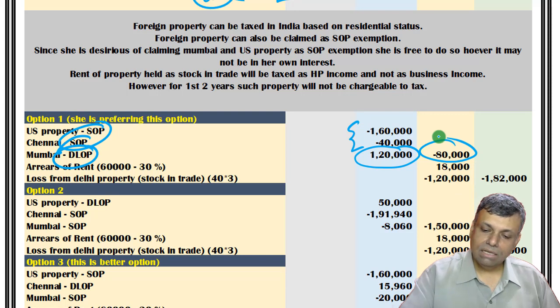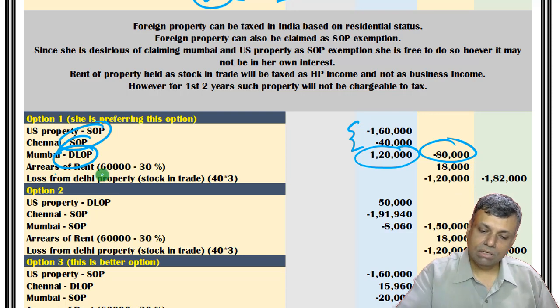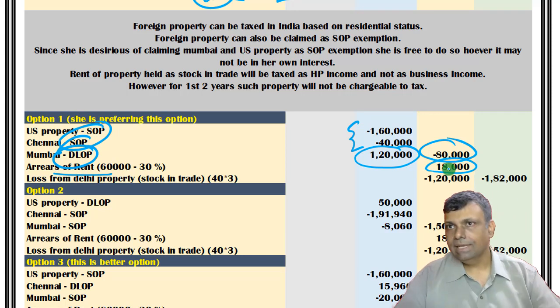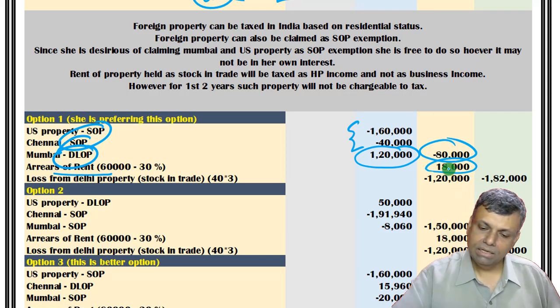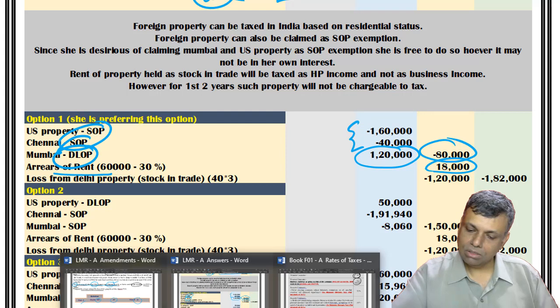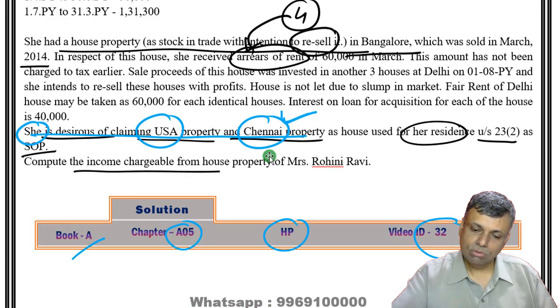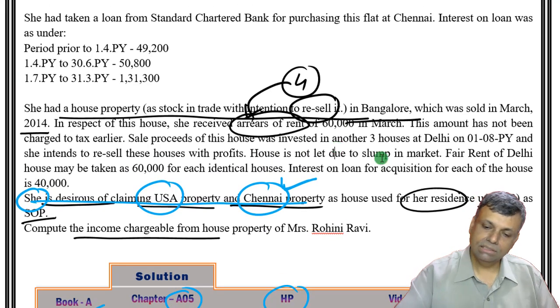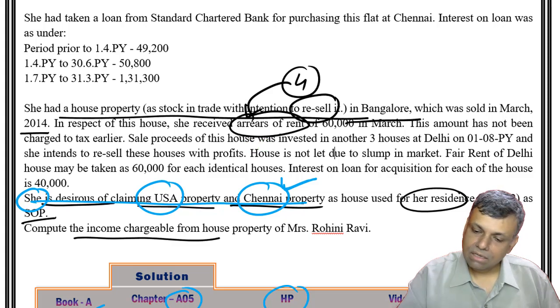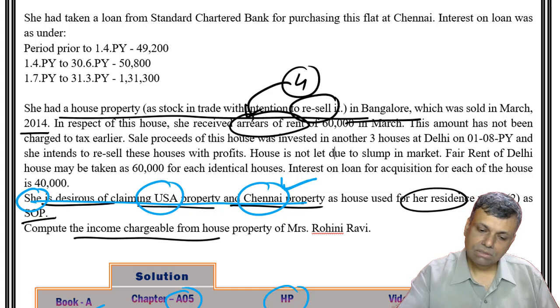Then I also have this particular arrears of rent, and that one particular property which was stock in trade. One second, let me check in that particular question. See, there was also one property. Yeah, see, this was another house.